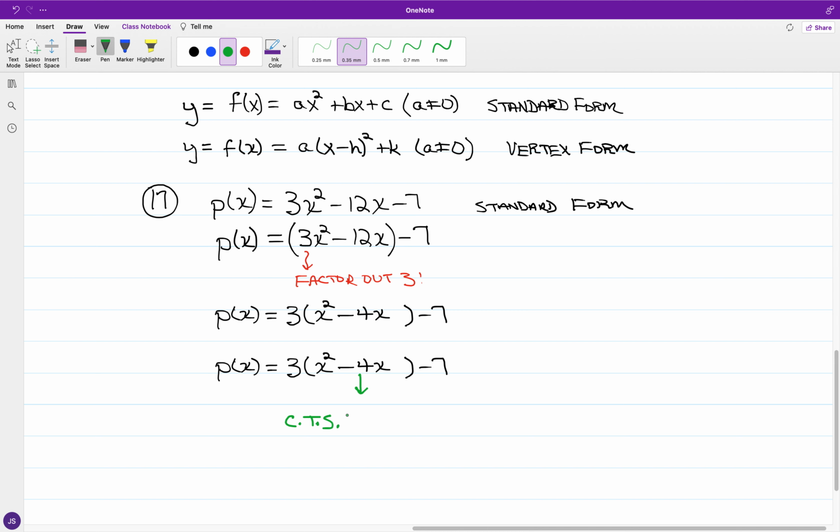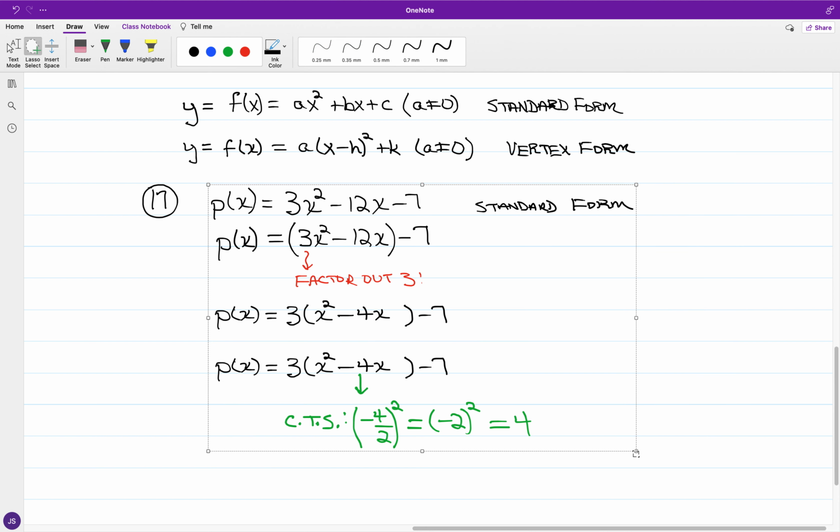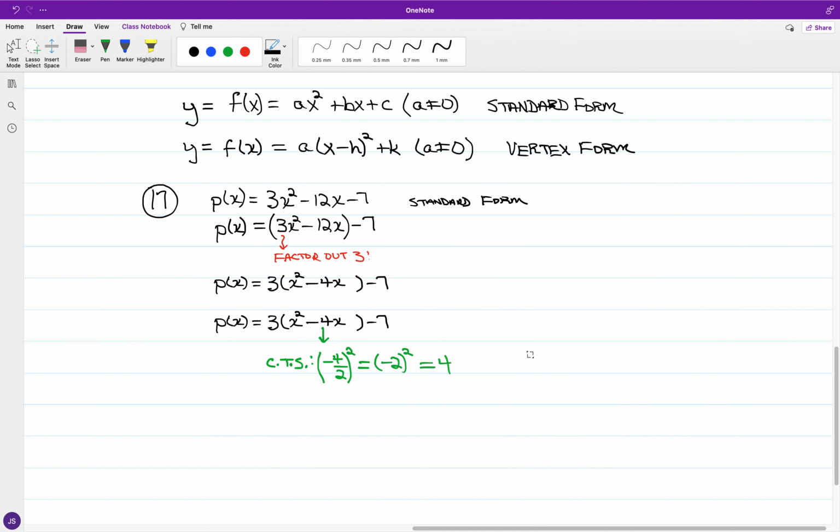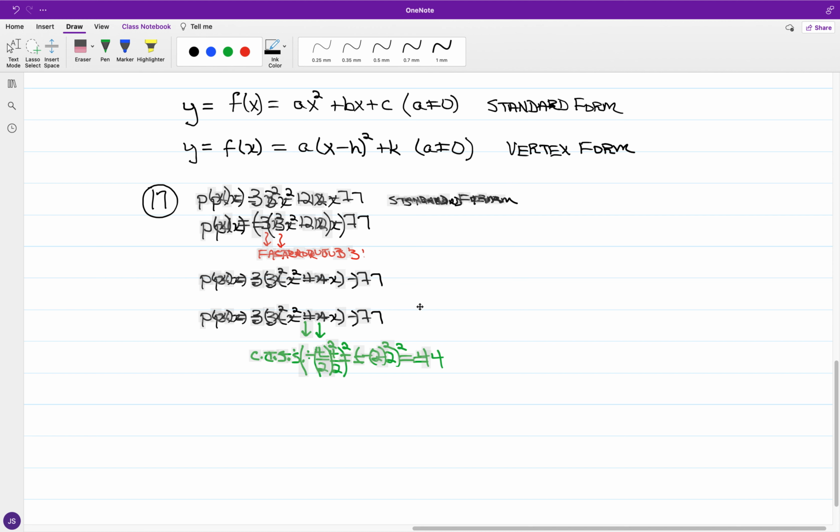You take the number next to x and divide by 2 and square it. So negative 4 over 2 is negative 2, and the square of negative 2 is 4. And so that number 4 is going to be added to x squared minus 4x.